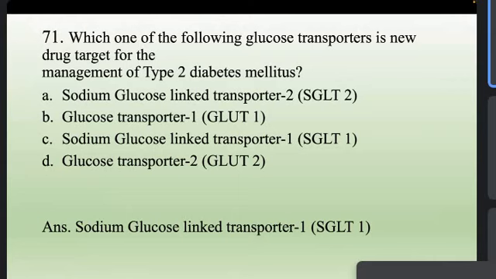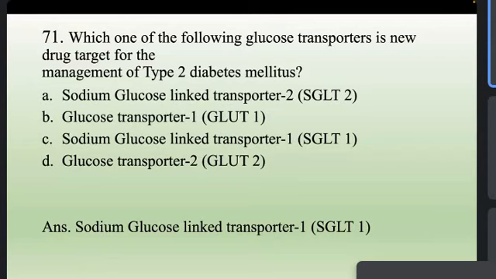Okay, so what does SGLT2 do? Where does it act? SGLT2 acts on your kidney tubules, where there is glucose transporter present.